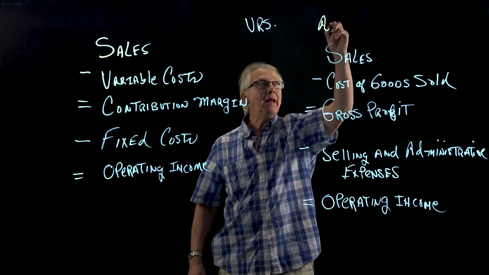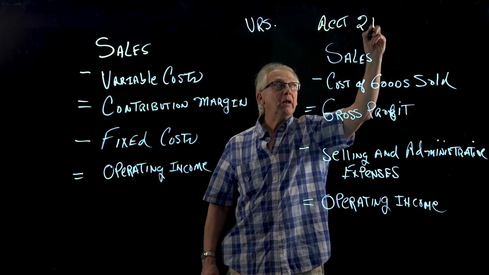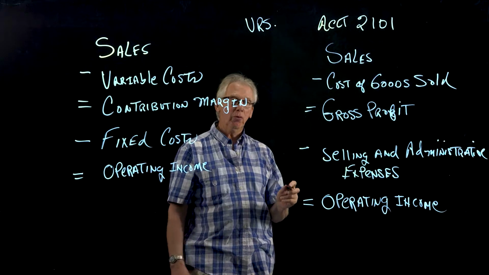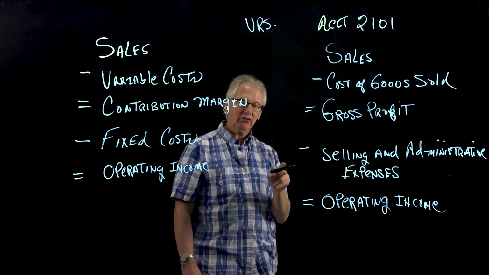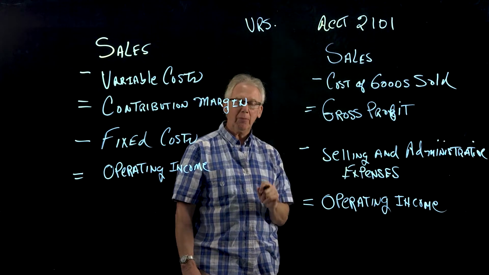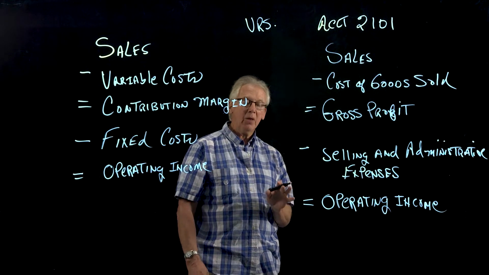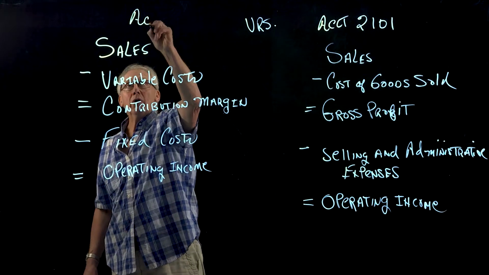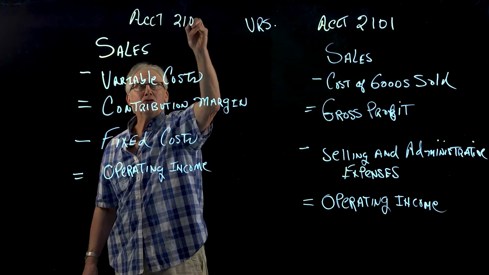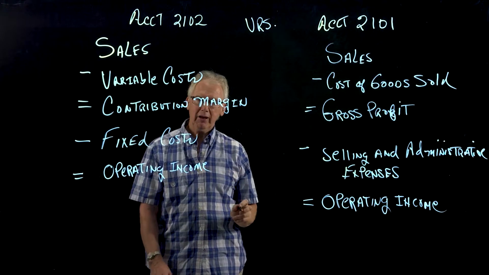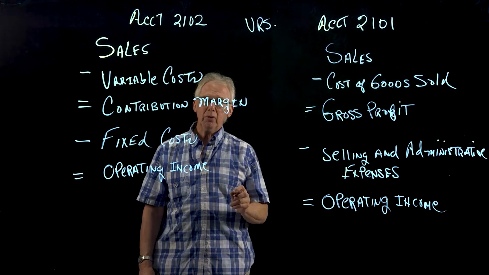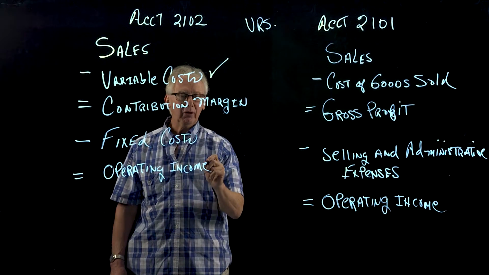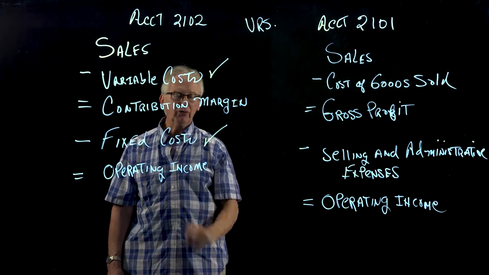This is the format that you learned in Accounting 2101. Sales minus cost of goods sold is gross profit minus selling and administrative expenses is operating income. Okay, here's the new format that you learn in Accounting 2102, managerial accounting. What we do is we break out all variable costs and all fixed costs.